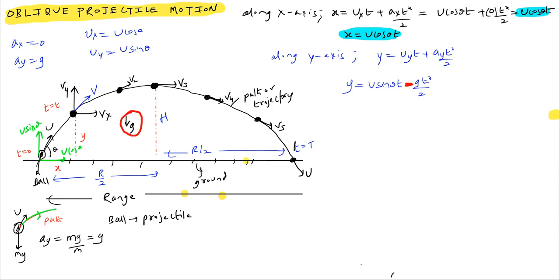This a_y is acting opposite to the initial velocity u sin theta. According to the convention, whenever acceleration is directed opposite to the initial velocity, it should be taken negative. So that's the basic idea of the negative sign. Now we'll substitute equation 1 in 2.